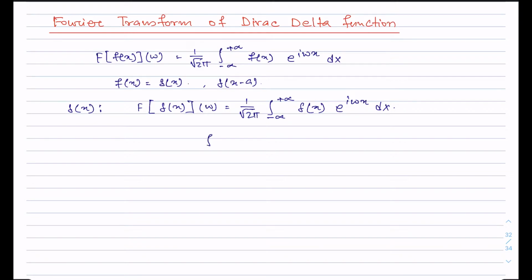Obviously you can choose another sign convention, that is you can take f(x) e to the power minus i omega x, then you have to define the inverse Fourier transform accordingly.